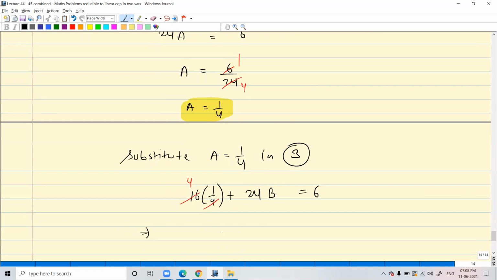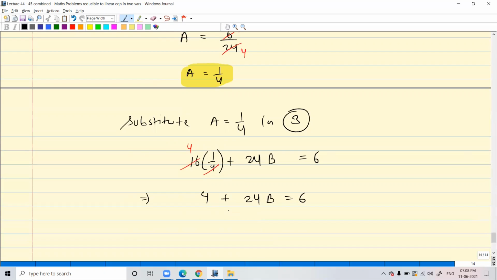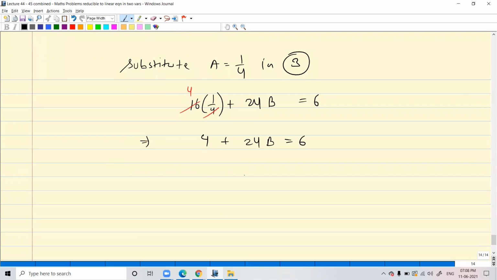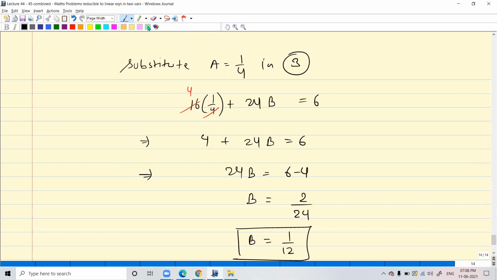This is 4 plus 24b is equal to 6. 24b is equal to 6 minus 4. So b is equal to 2 by 24, and b is equal to 1 by 12. Okay. Everyone fine with this?